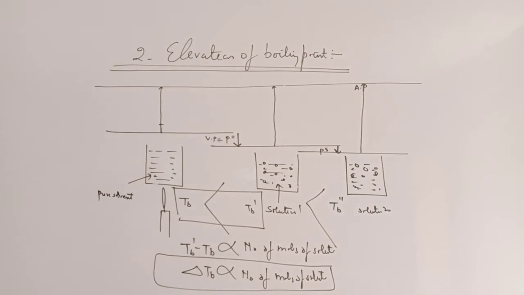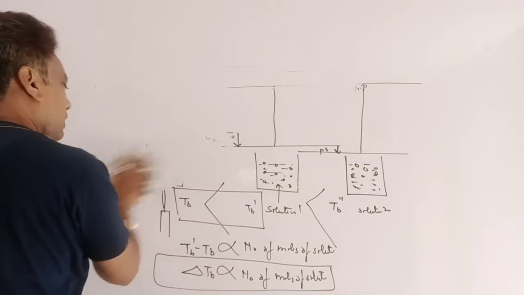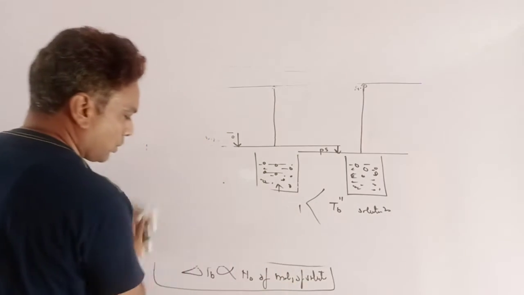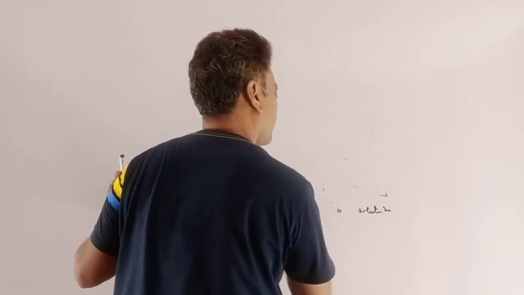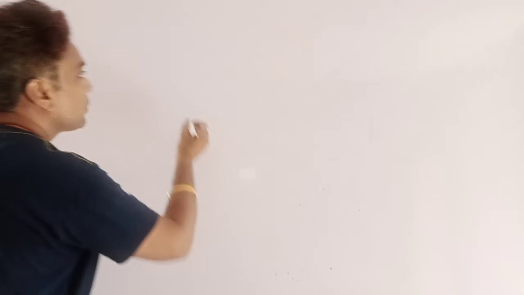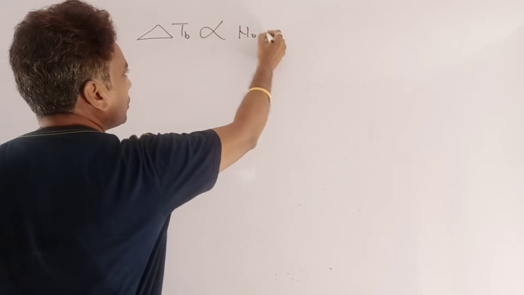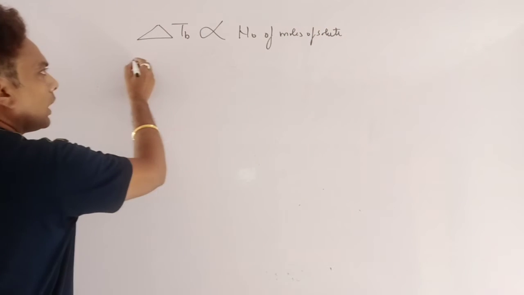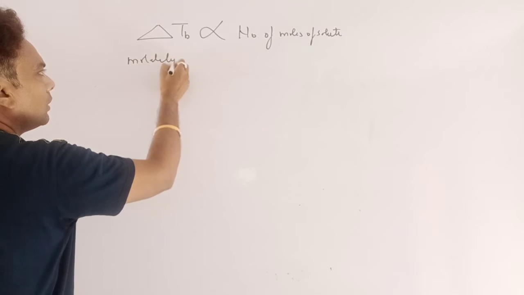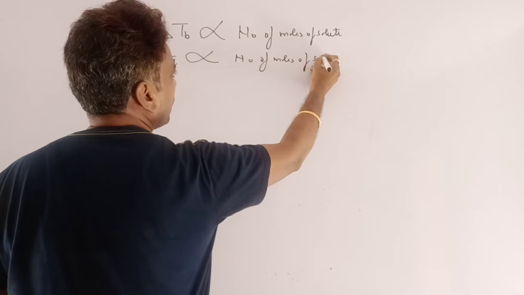Now the mathematical expression for the calculation of such elevation. For such observation we note that elevation of boiling point is directly proportional to the number of moles of solute, and molality is also directly proportional to the number of moles of solute.